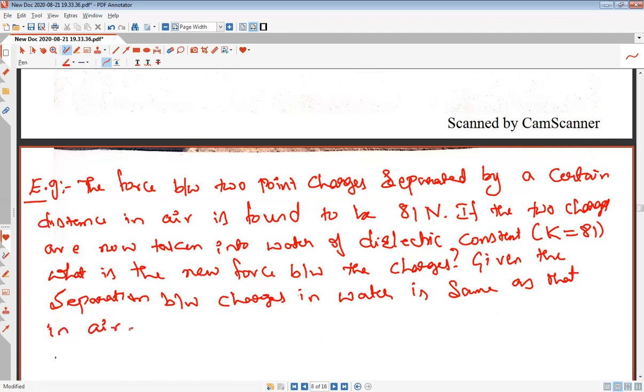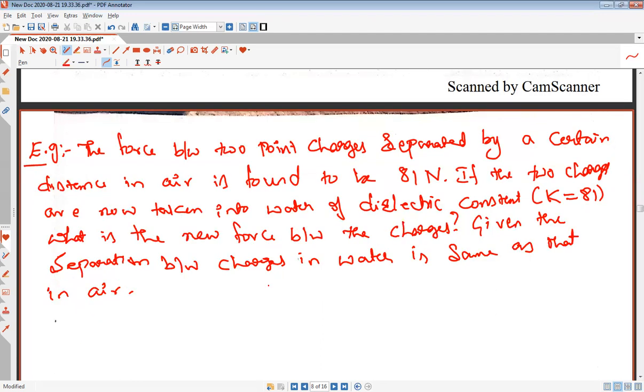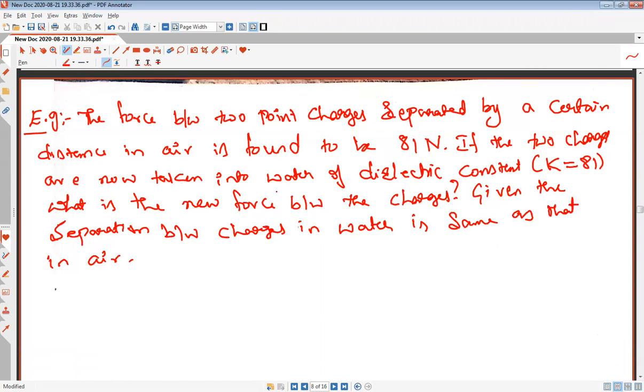Right? This is the question. So go through the question now. It is said that the force between two point charges separated by a certain distance in air is found to be 81 Newton. So when the two charges are separated by a certain distance in air, the force between them is 81 Newton. We can write force in air is 81 Newton.